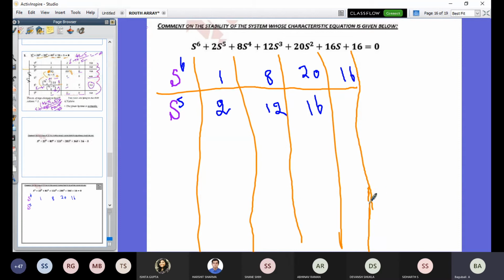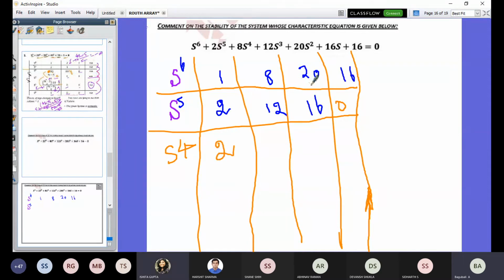What is s power 4? Here it should be 0. 2 into 8 is 16, 16 minus 12 is 4, 4 by 2 is 2.